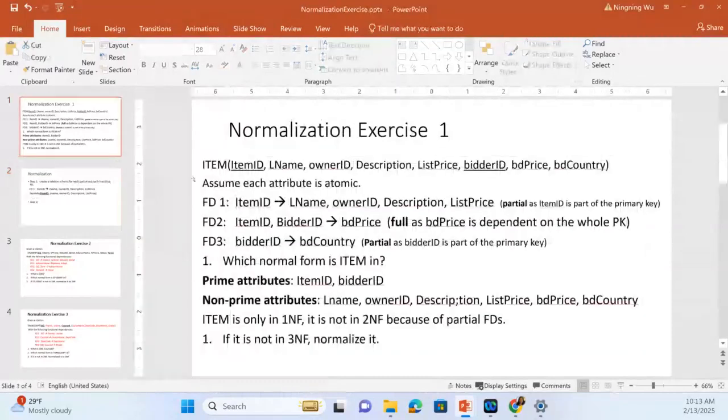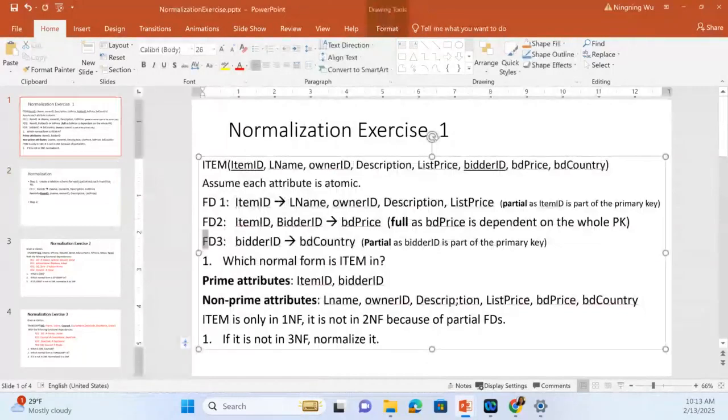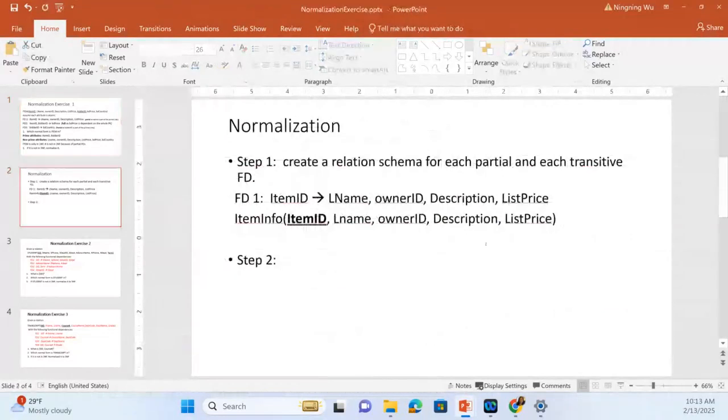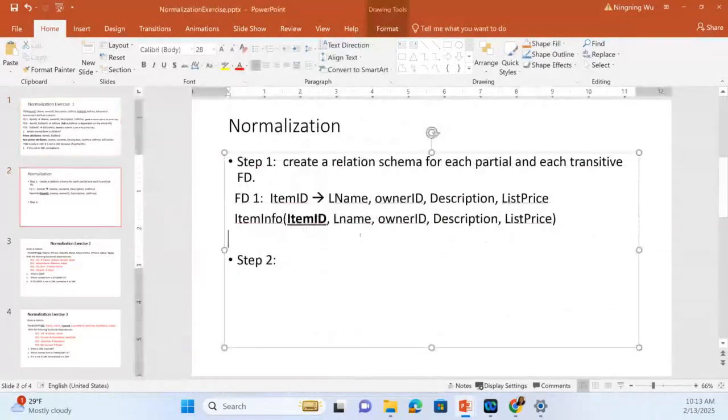The second one, we're going to use FD3 because that's also partial. Then we create another relation schema. The reason I copied the partial functional dependency is that I want to show you that each relation schema is derived from it. So the second one will be derived from FD3, which is also partial.